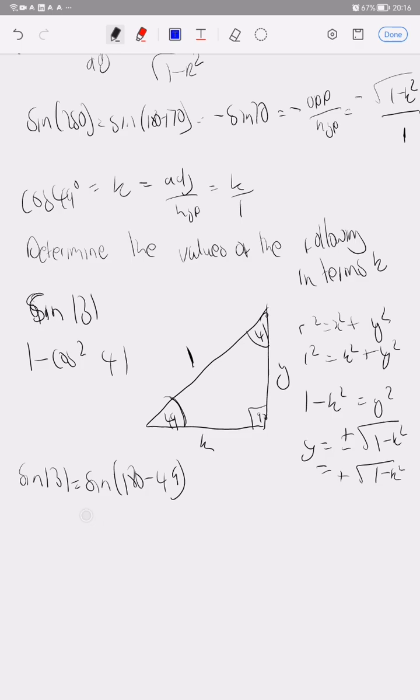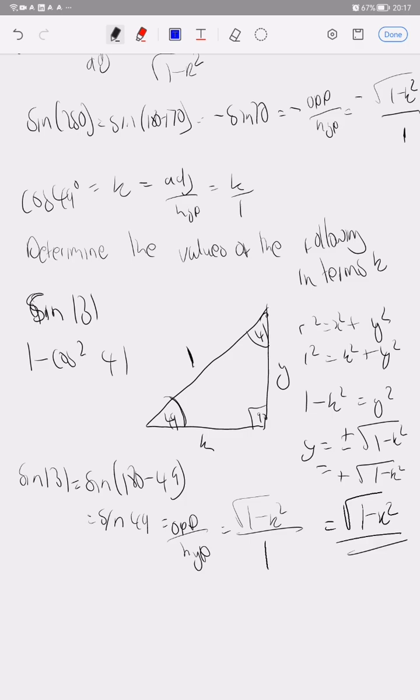This is in the second quadrant, so sine is positive, sine of 49. Therefore, what is sine of 49? This will be opposite over hypotenuse. My opposite is the square root of 1 minus k squared. My hypotenuse will be 1. So it's the square root of 1 minus k squared.